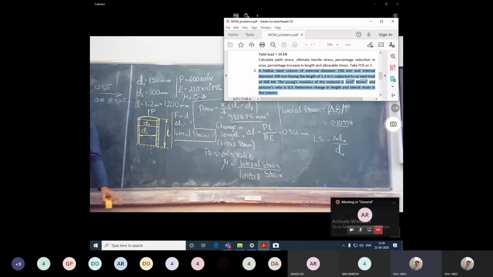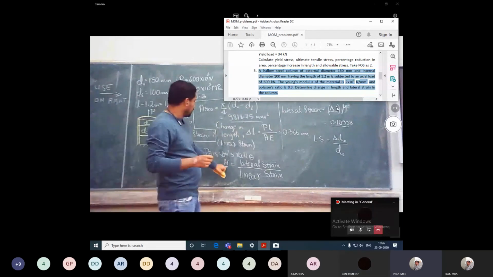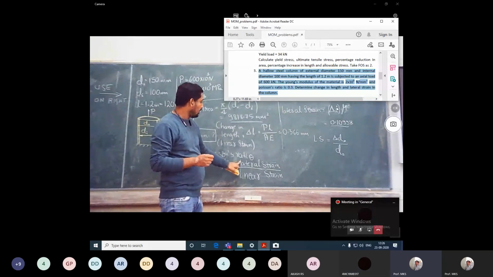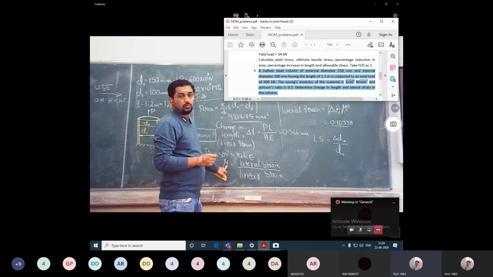So is it finished, right? Sir, lateral strain is equal to linear strain into mu, isn't it, sir? Yes. Lateral mu is given by lateral to linear. So lateral strain will be equal to linear into Poisson's ratio.